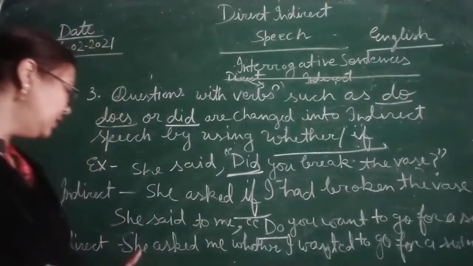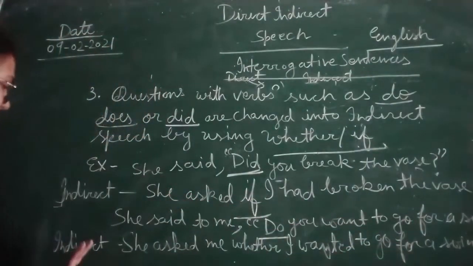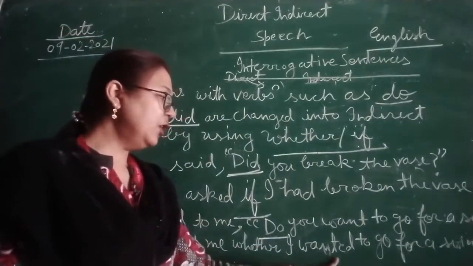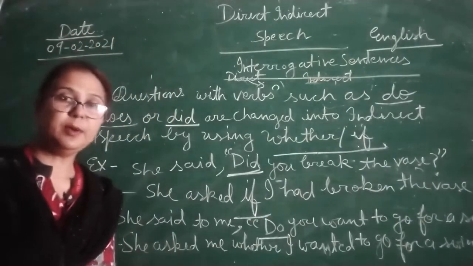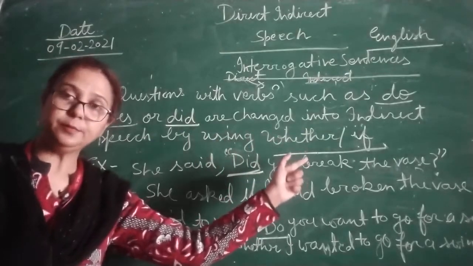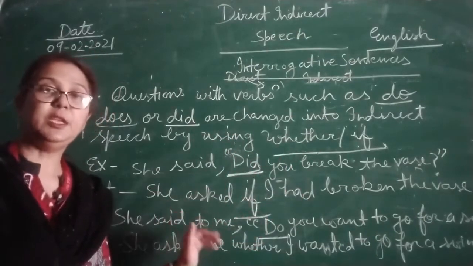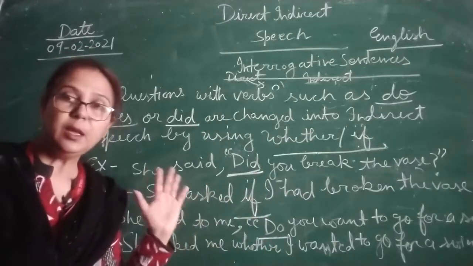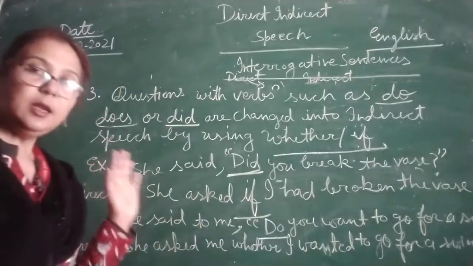We changed "she said to me, do you want to go for a swim?" into indirect speech: she asked me whether I wanted to go for a swim. So always remember, whenever the verb written in direct speech is do, does and did, asking a question, we will change it in indirect speech with if and whether. Okay, and all the other rules will remain the same. So children, this is a very important rule. Write it down and learn this.